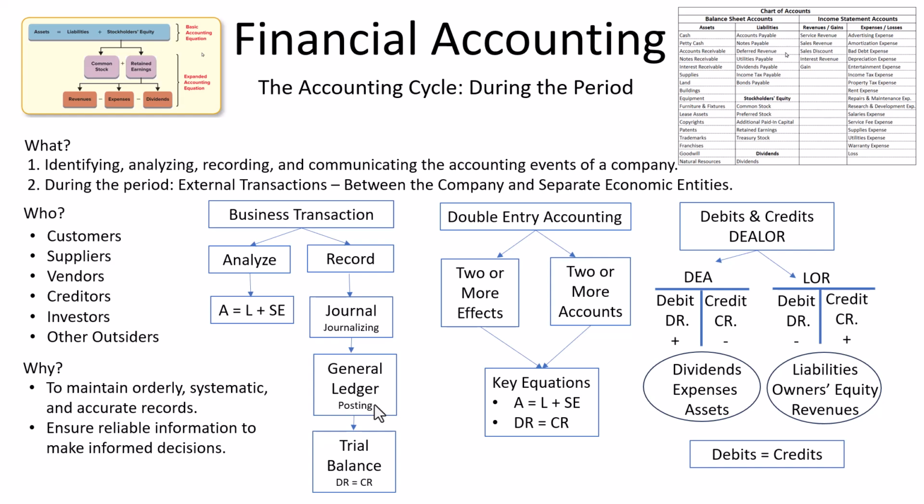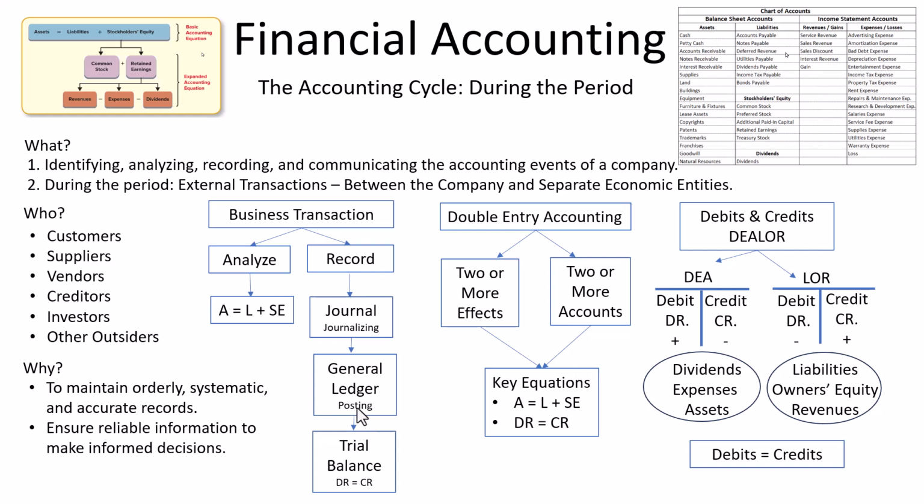The general ledger looks like a T account with the left side and the right side. The left side is the debit side and the right side is the credit side. When entries from the journal are recorded in the general ledger, we call that posting to the ledger. Posting to each account lets us review the activity in each account and determine the account balances.